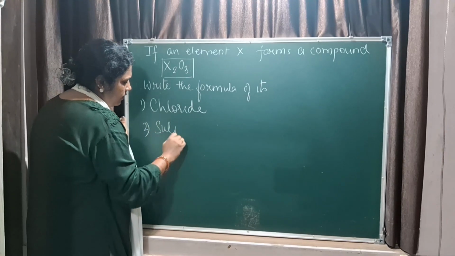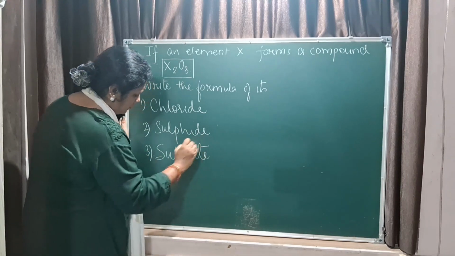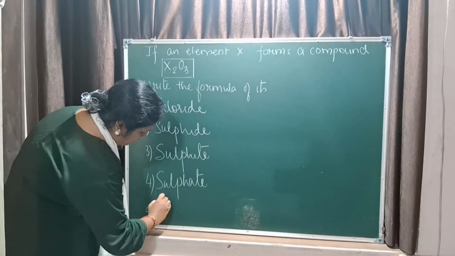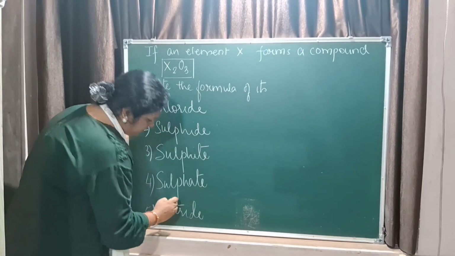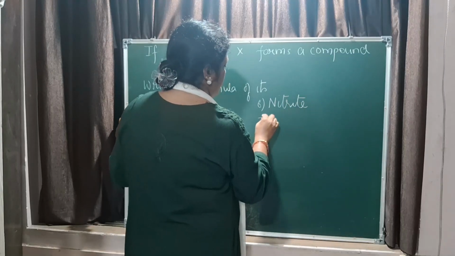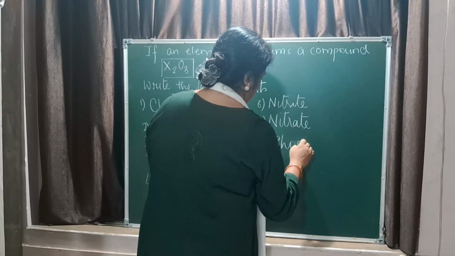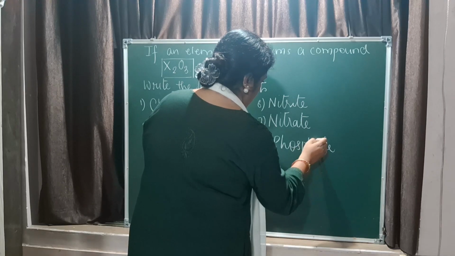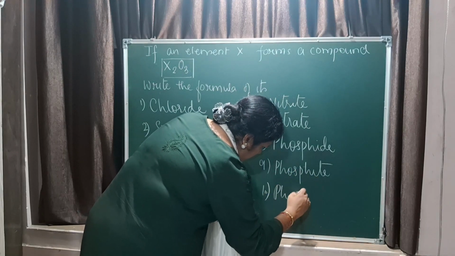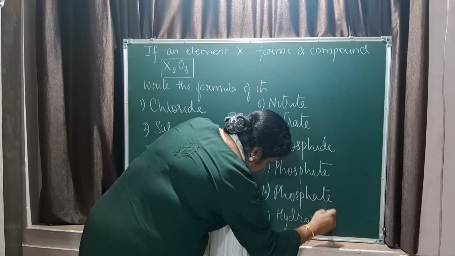Then you can have sulfide, sulfite, sulfate, nitride, nitrite, nitrate, then phosphide, phosphite, phosphate, hydroxide, right.